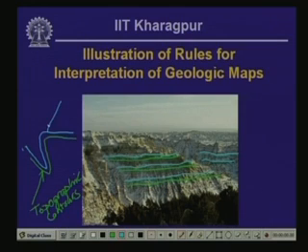So, these are the stratigraphic contours.